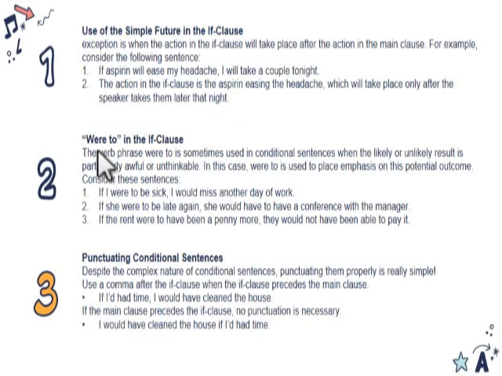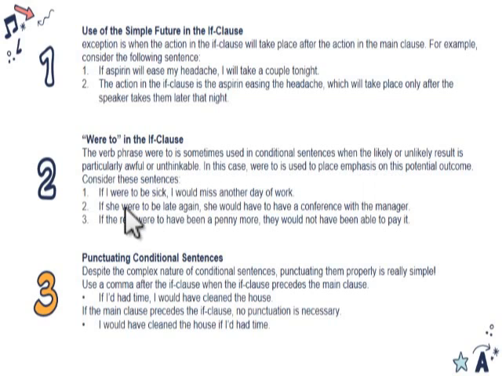And then the second is the use of were to in the if clause. The verb phrase were to is sometimes used in conditional sentences when the likely or unlikely result is particularly awful or unthinkable. In this case, were to is used to place emphasis on this potential outcome.